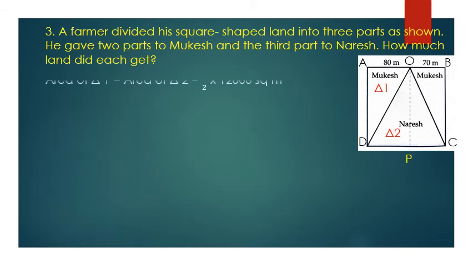Now children, the area of triangle 1 is equal to the area of triangle 2, which in turn is equal to half the area of the rectangle AOPD, which is 12,000 square meter. So 1 by 2 multiplied by 12,000 square meter is equal to 6,000 square meter.